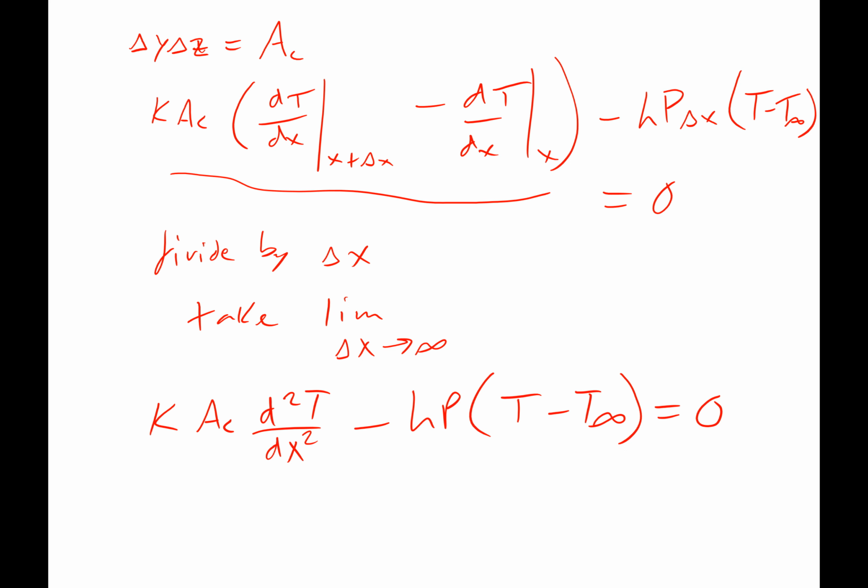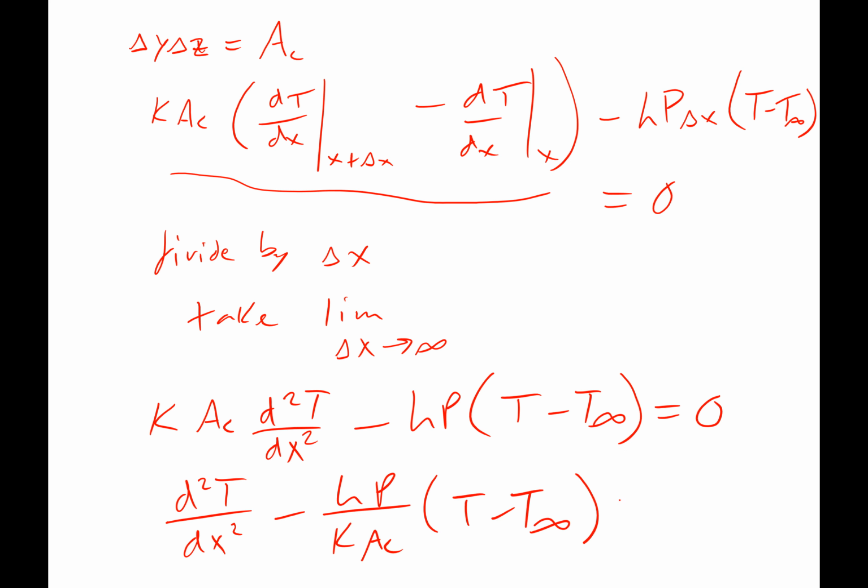And then there's another form. If you just want to lump your constants together, you can divide everything by k times A_c, and you get d squared T/dx squared minus hP over kA_c times (T minus T infinity), and that all equals 0.